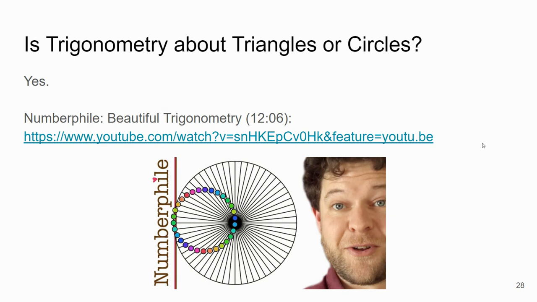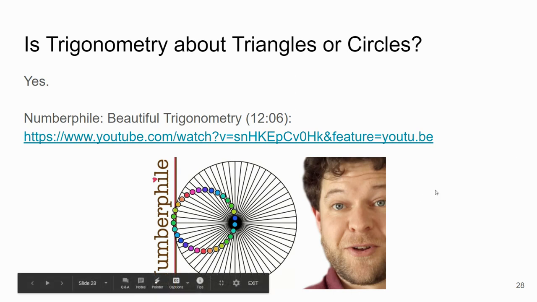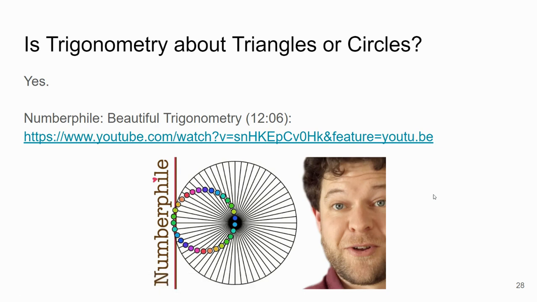That's usually how people think of trigonometry the first time you learn it. This mathematician is going to tell you that trigonometry can also be viewed as being about circles. If you happen to like math and the beauty and mysticism of math, you might like this video. I like this video very much. It's neat stuff.